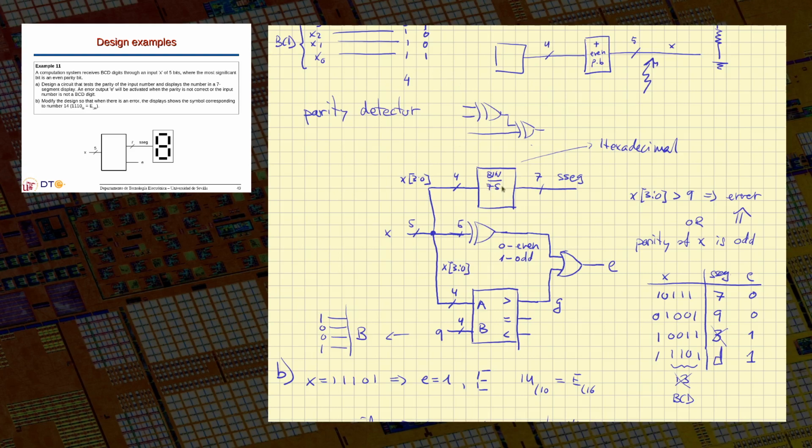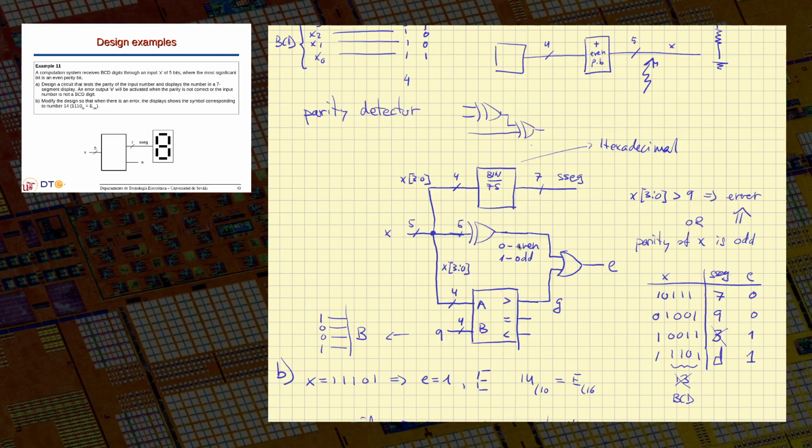We think of the standard converters or design a specific converter if we need. Then we need to detect parity. We think of what we have learned about parity detectors. We also need to check if something is valid. In this case, we can check that only by comparing, so we use a comparator.